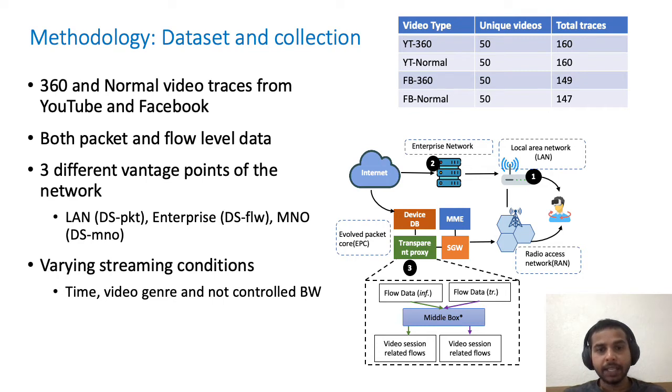And finally, we collected flow level data from a large mobile network operator through their deployed middleboxes, which we denote as DS MNO. We streamed the videos under different streaming conditions, for example time, and also different video genres. And we also used bandwidth under uncontrolled conditions.